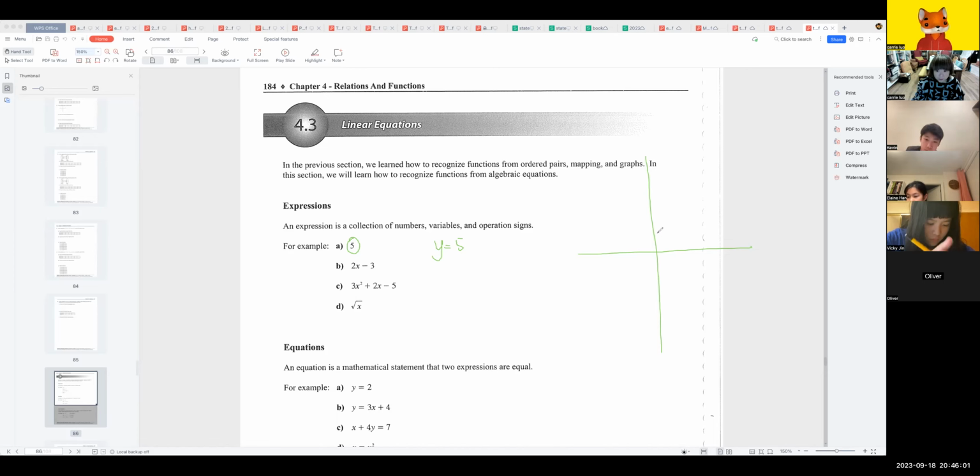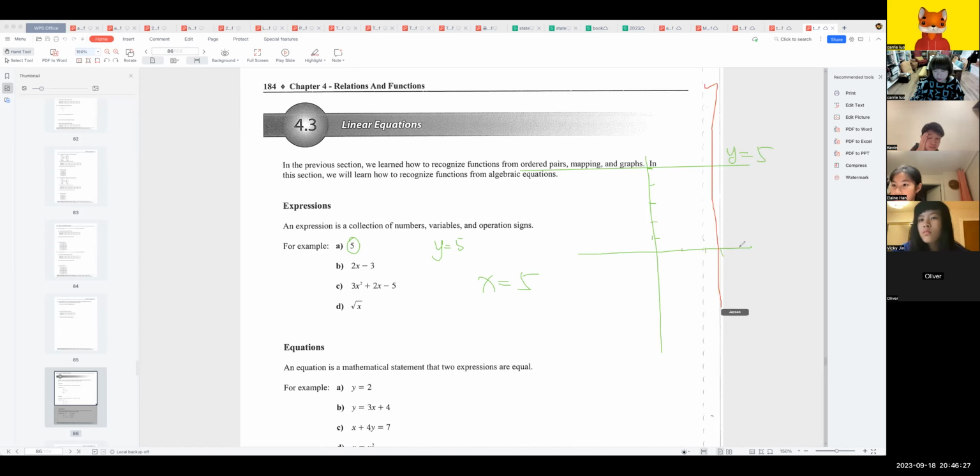Okay, so you just find 1, 2, 3, 4, 5, everybody, and you have a line. And this one is y equals 5. Everybody get it? Okay, so everybody, please tell me what x equals 5 looks like? It is like that. Very good.